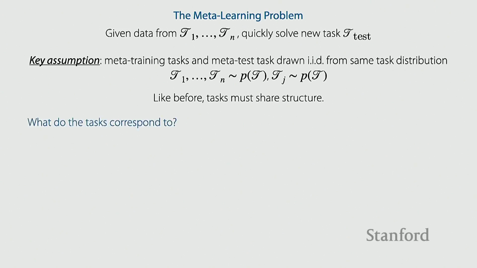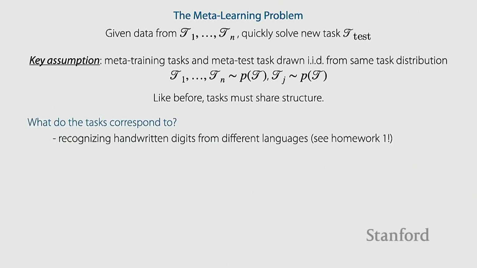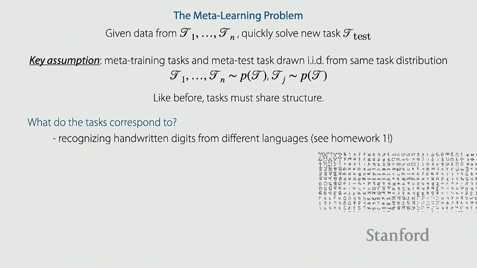Okay, so what do the tasks actually correspond to? I gave an image classification example on the previous slide. It could also be something like recognizing handwritten digits from different languages. And this is the example that we'll see in homework 1. It can also correspond to giving feedback to students on different exams, where different exam problems correspond to different tasks that you need to be able to give feedback on.